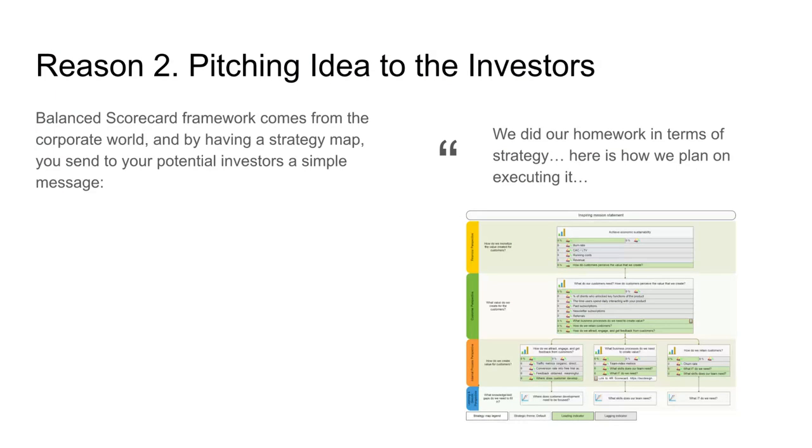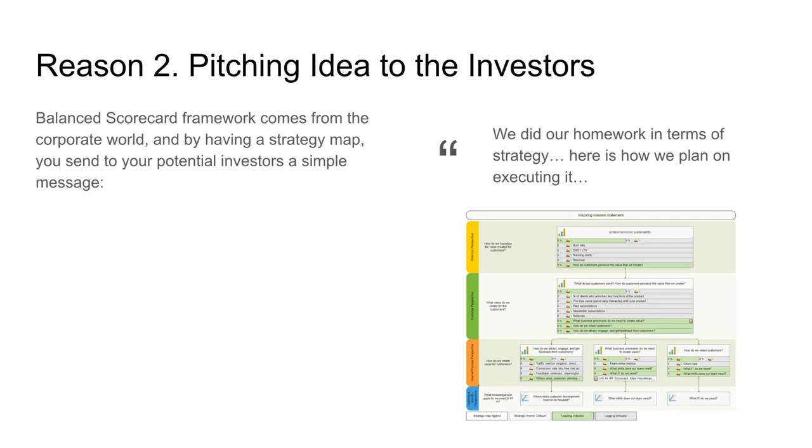So that was the first reason. What is the second reason? The second reason is that the balanced scorecard framework is what people in business world know about, and that's what potential investors find familiar.